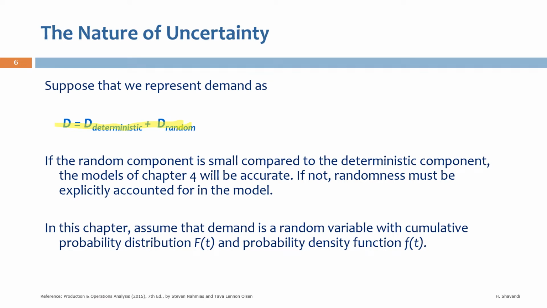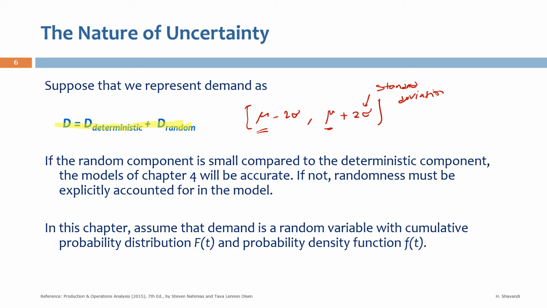So, for example, we say that we have mu as the mean of the demand, and then it will vary around mu, with mu plus 2 sigma and mu minus 2 sigma, for example, right? And here sigma is the standard deviation. So as you see here, we have a deterministic part and we have a random part.